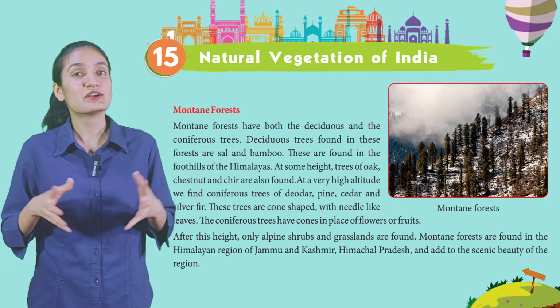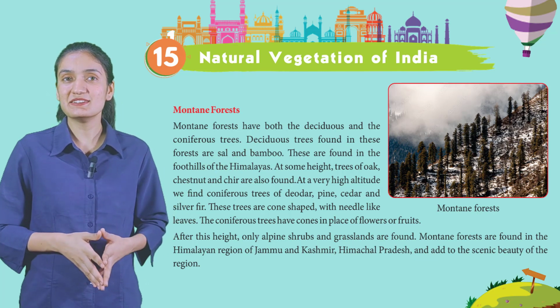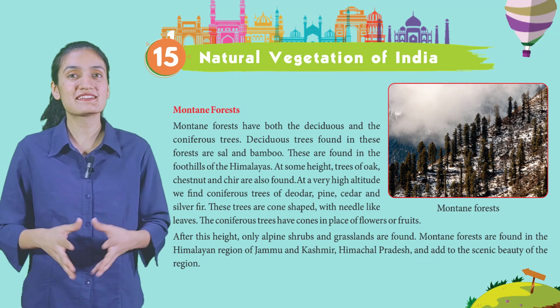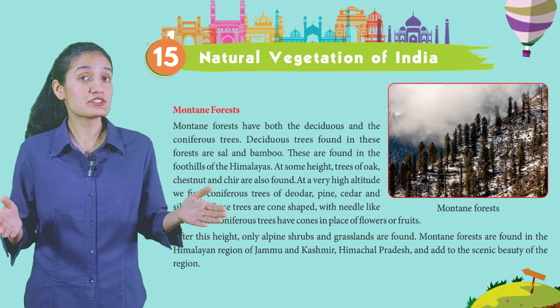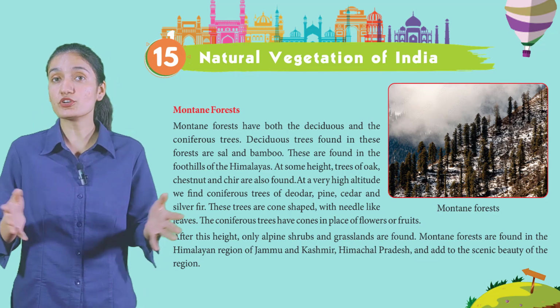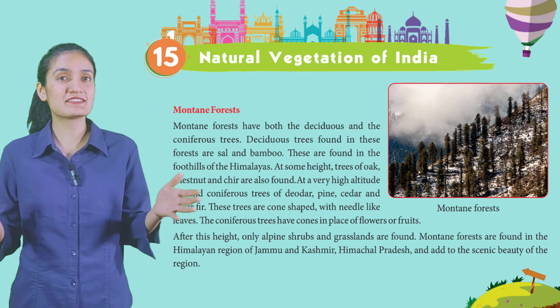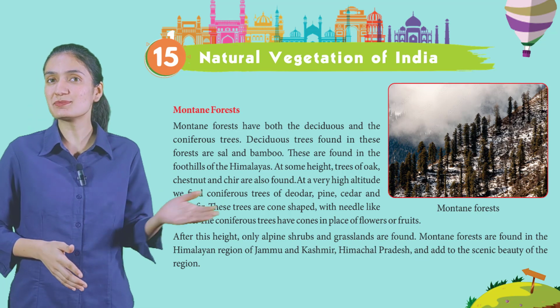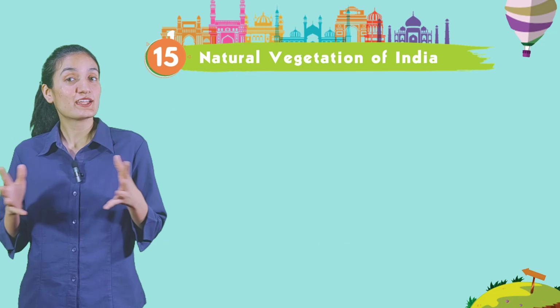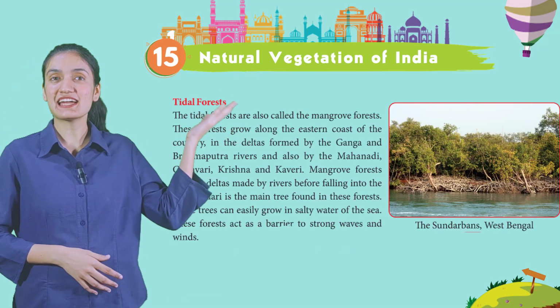These trees are cone-shaped with needle-like leaves. The coniferous trees have cones in place of flowers or fruits. After this height, only alpine shrubs and grasslands are found. Montane forests are found in the Himalayas region of Jammu and Kashmir, Himachal Pradesh and add to the scenic beauty of the region.